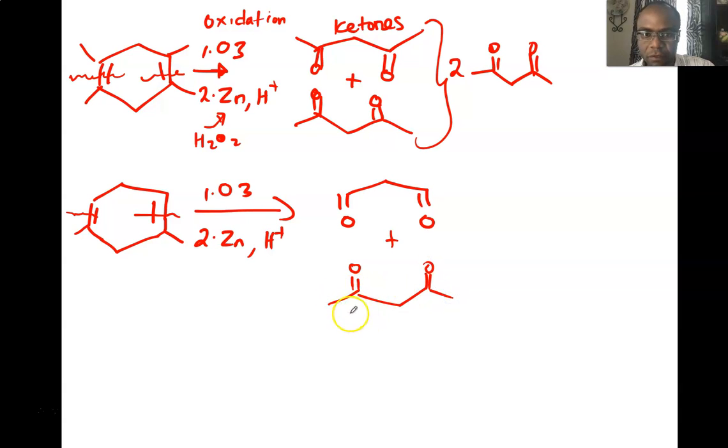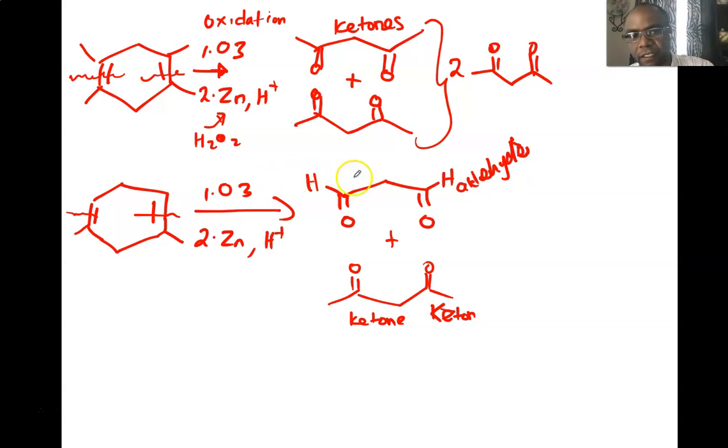Notice that all these are ketones on the second molecule. That's a ketone functional group, CC carbonyl, CC carbonyl. But here there's a hydrogen. Here there's a hydrogen. So this is an aldehyde part on the right. And on the left, we also have an aldehyde.